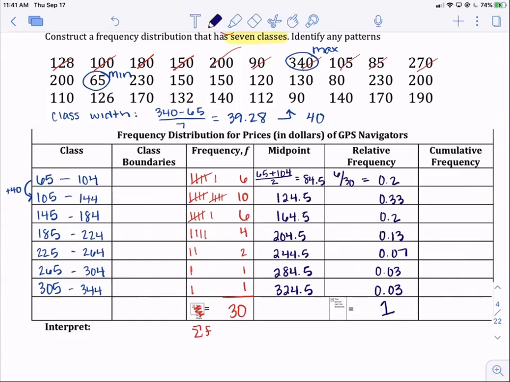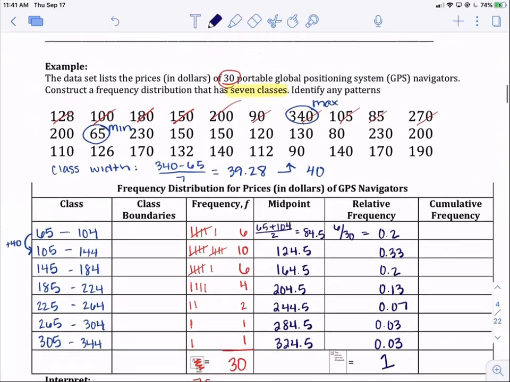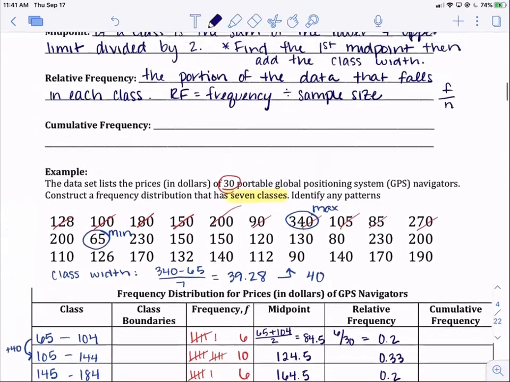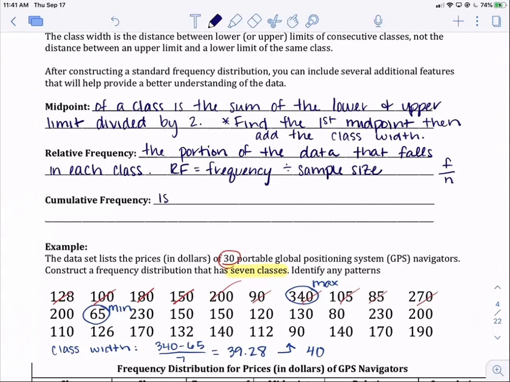Okay, so our last idea is cumulative frequency. Okay, and this is the sum of the frequencies from the previous class.